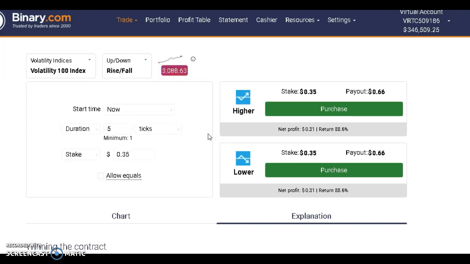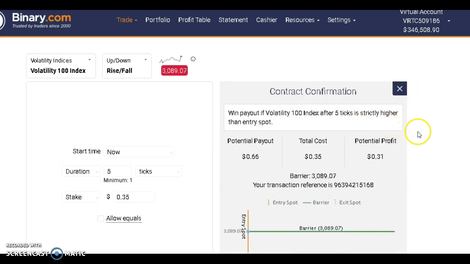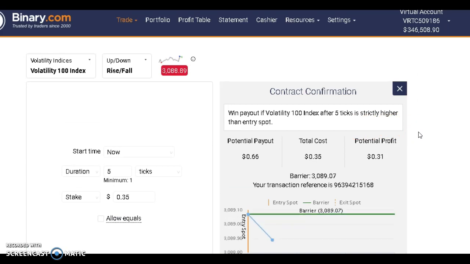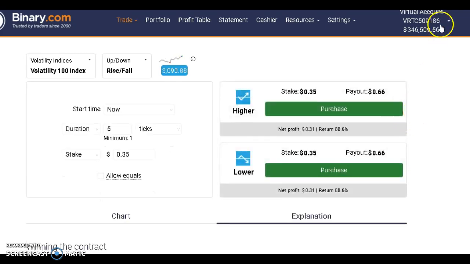So let's see. Our balance is 9.56 now. I want to make it 10 or 11, however the time permits us.